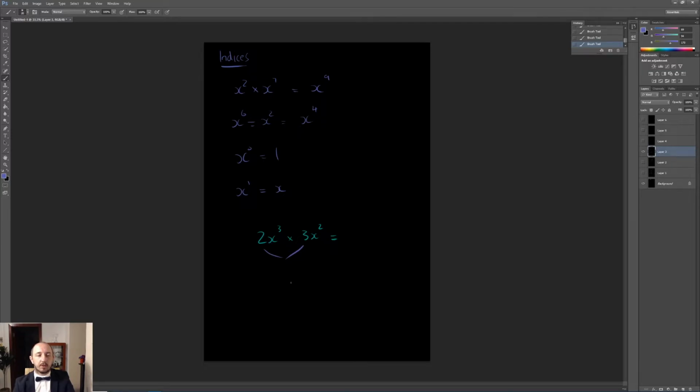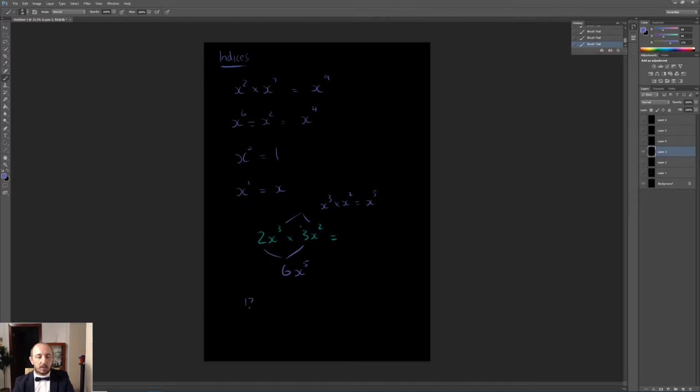So 2 times 3 is 6, and then we would do x cubed times x squared. We would add those powers to get x to the power of 5. So 6x to the power of 5. We don't add the 2 and the 3 because students think, oh, we're adding the powers, so we're going to add the 2 numbers here, but we multiply those and we add the powers.